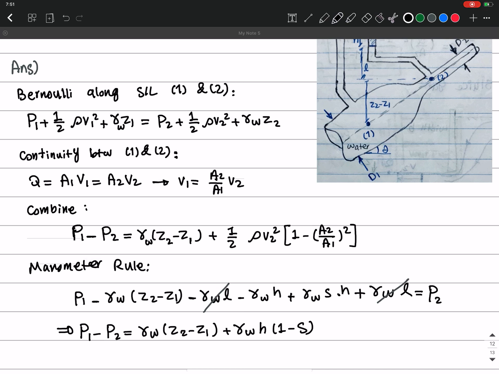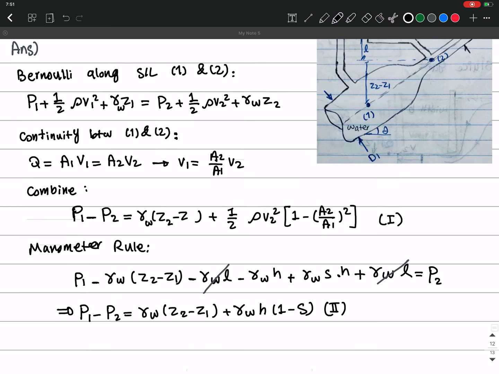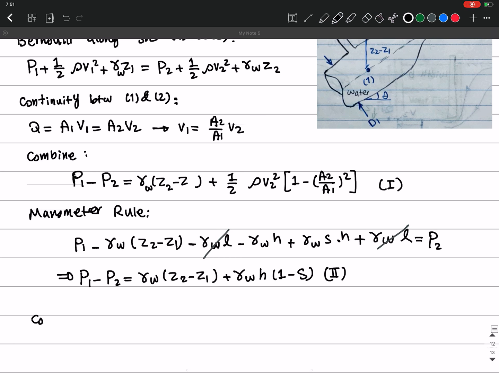And so if you look at these two equations, if you combine 1 and 2, we will get, so these all are equal, right? This one with this one is going to cancel out, and this one with this one is going to cancel out, okay?